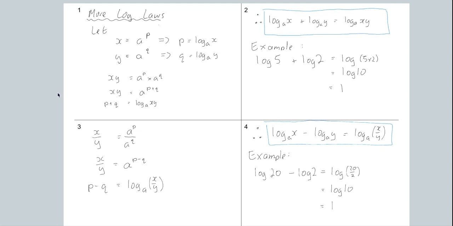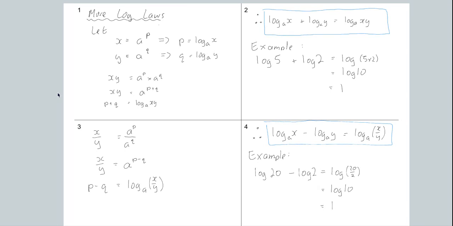You would then use the power of a power rule to get a to the power of pn, and when you rearrange it, you get that log base a of x to the power of n equals pn. So log base a of x to the power of n is equal to n log base a of x. I'll put a bit more work into it later.